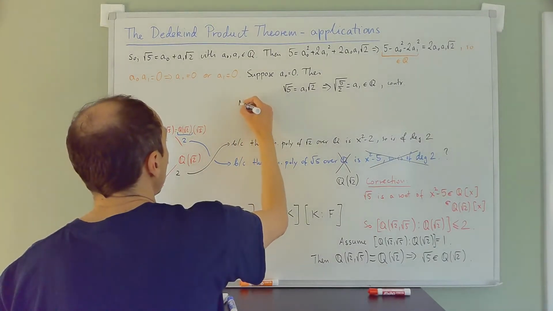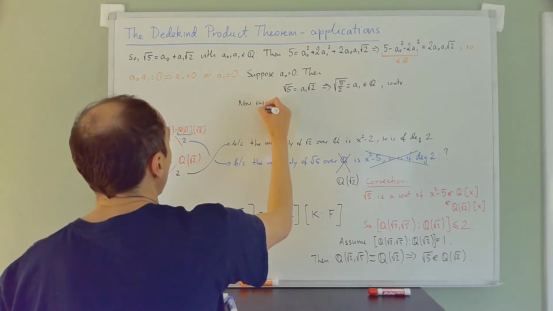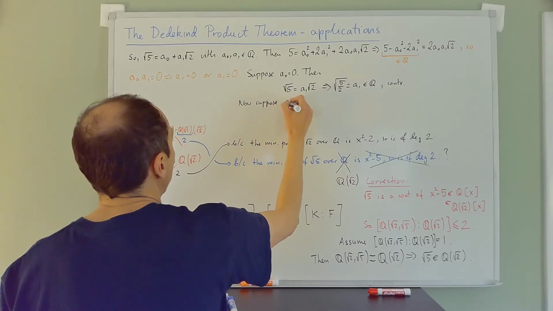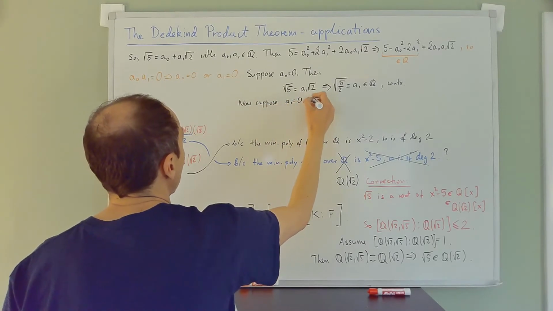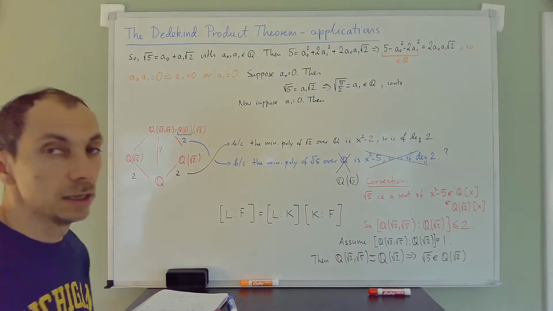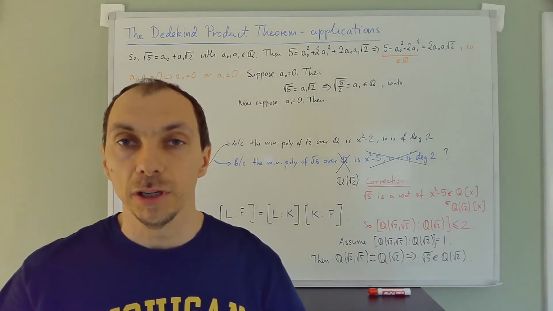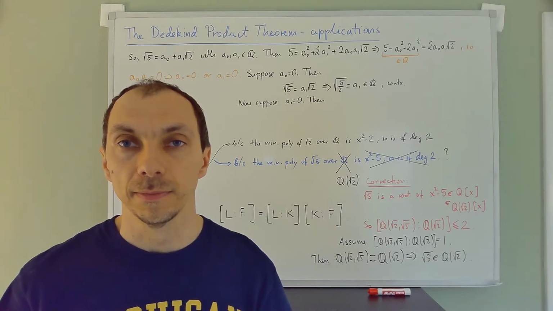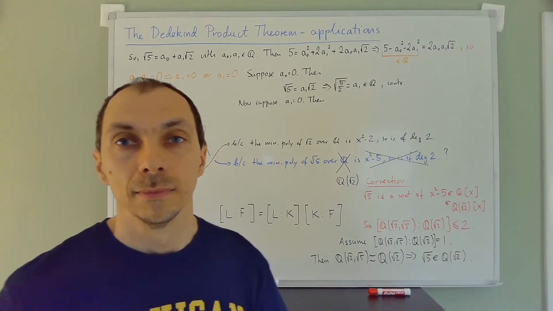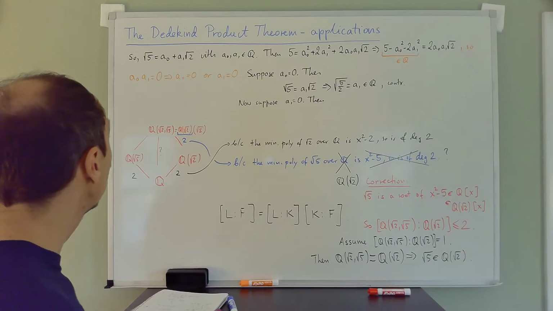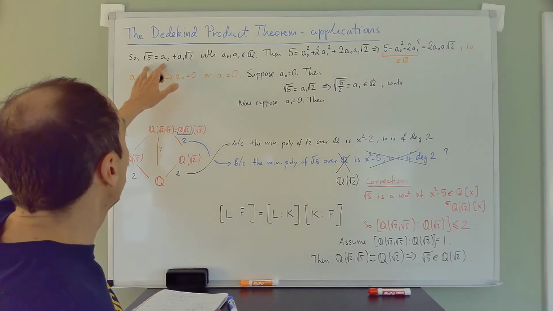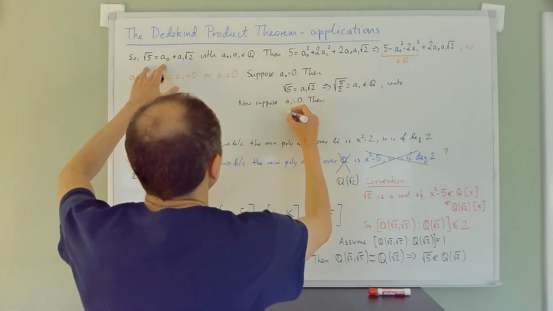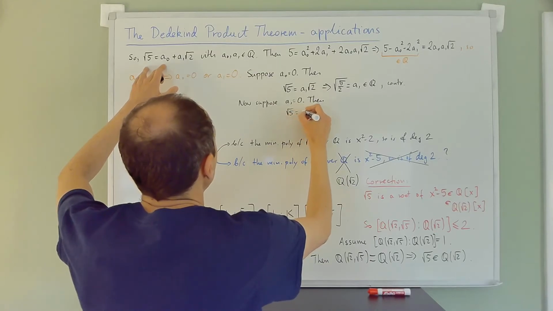So now suppose a1 is 0. Then, okay, you can pause the video here and try to derive a contradiction under this assumption. Okay, and let me now show you how to do it. If a1 is 0, I'm looking at this again, then I get that radical 5 is equal to a0.